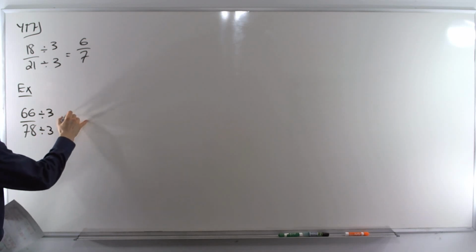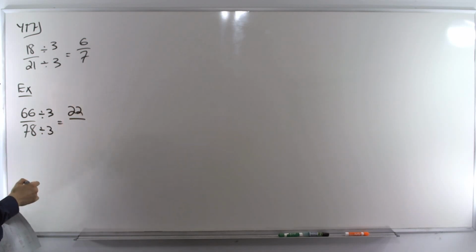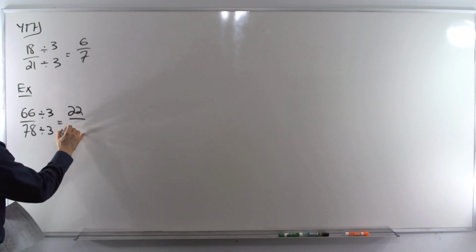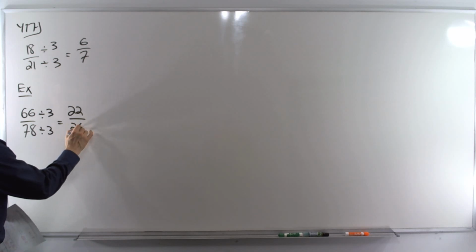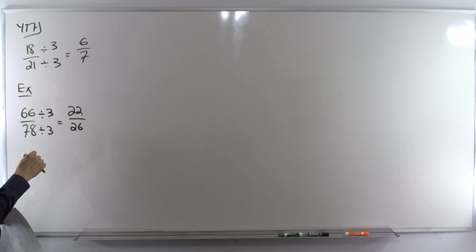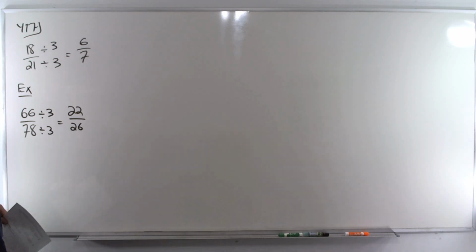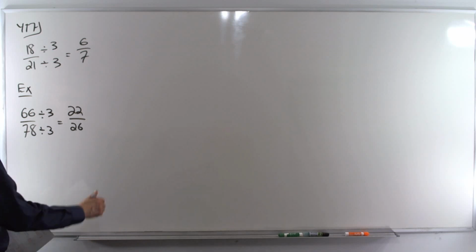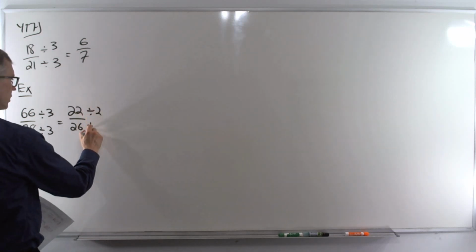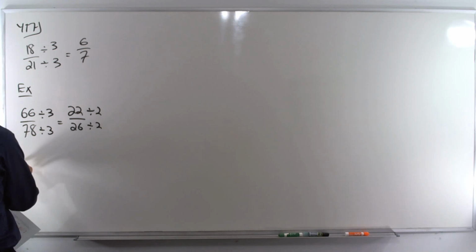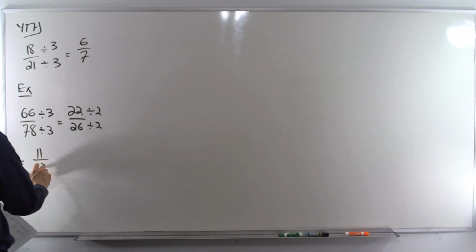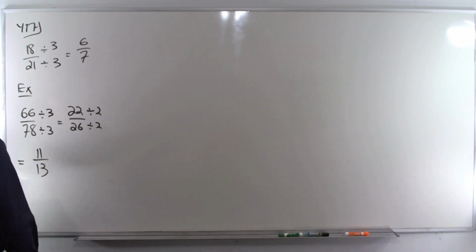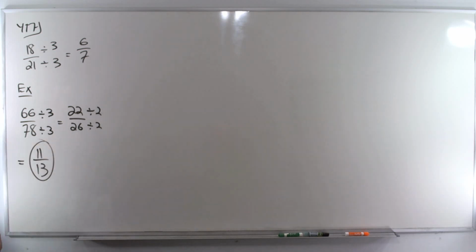All right, so that is 22 on top, and on the bottom, we've got 26. All right, common factors here, well, we've got a 2, so we can divide by 2, divide by 2, and that gives us 11 over 13. So 2 steps.